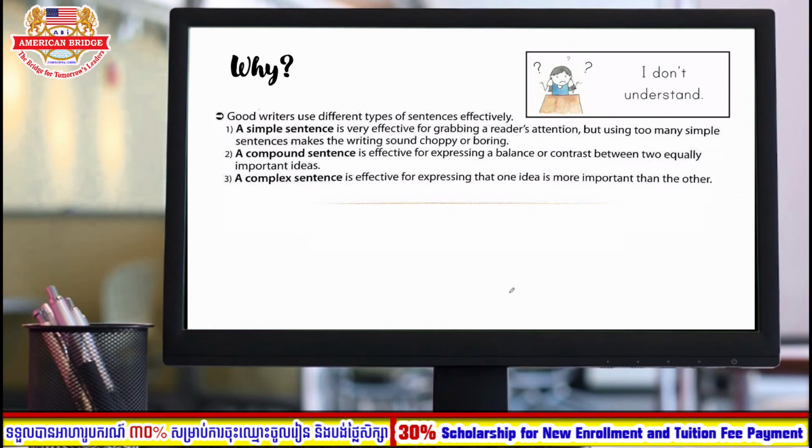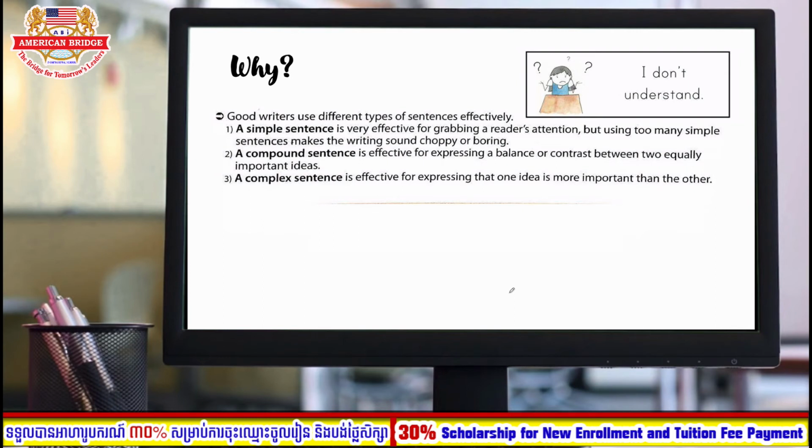So if you are a good writer, you should use different types of sentences effectively. You cannot just use simple sentences again and again in your writing. But you should use different types of sentences because each type has a different purpose.